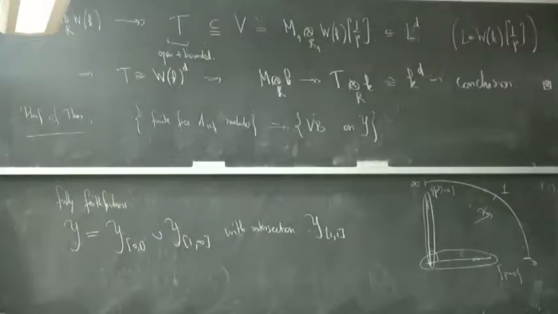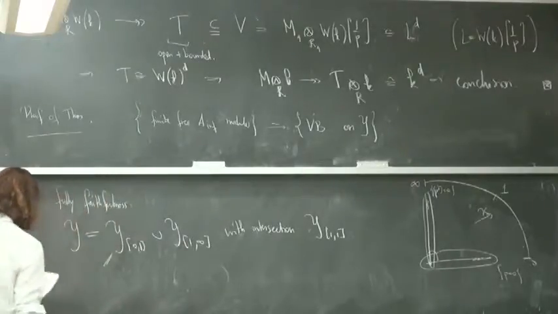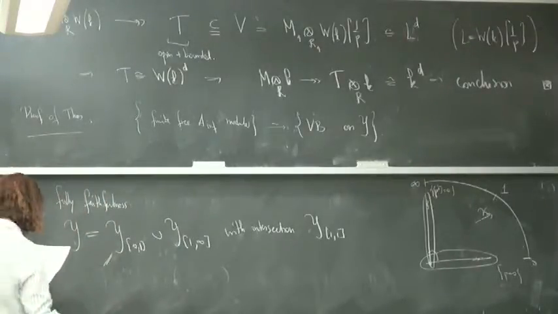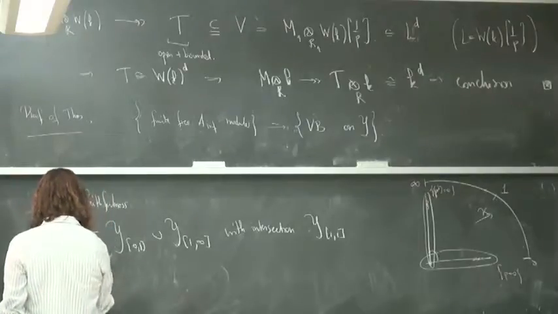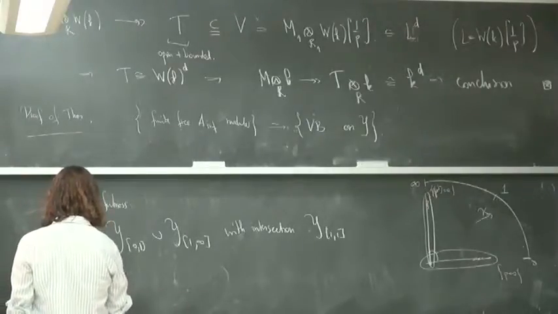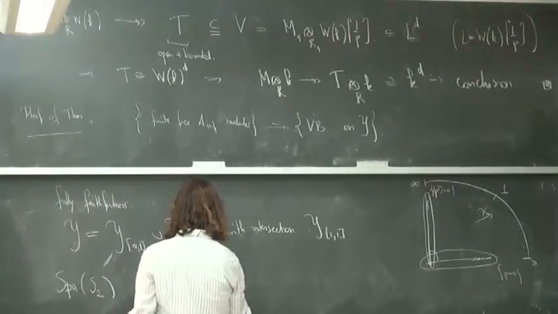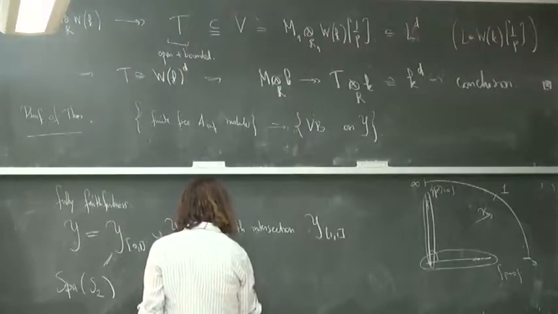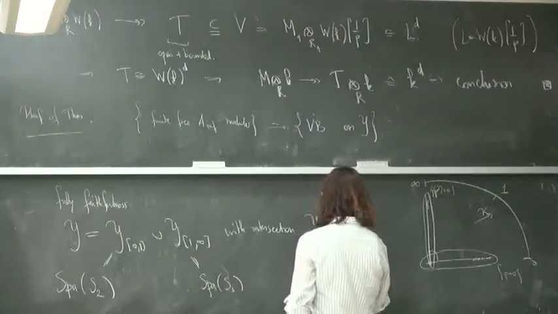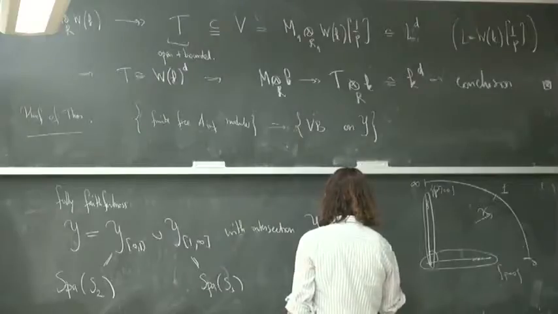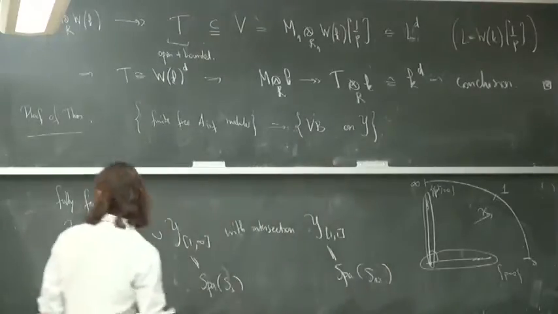What are these really? To have similar notation to the first proof, it's better to call this S2. This is the adic spectrum of some S1, and this will be the adic spectrum of some S12. What are the rings?